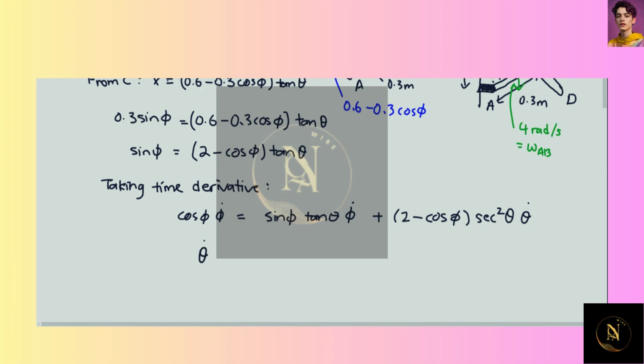So theta dot is going to be phi dot cosine phi minus sine phi tangent theta, divided by 2 minus cosine phi secant square theta.